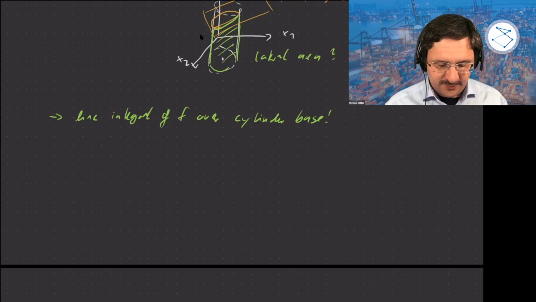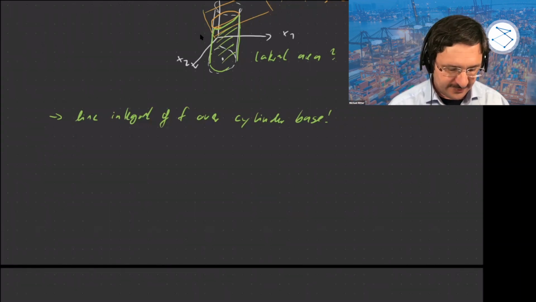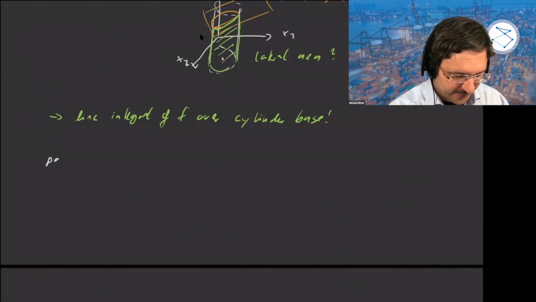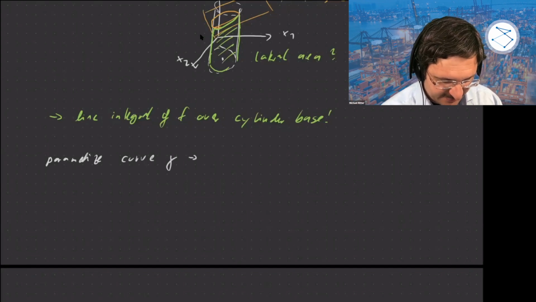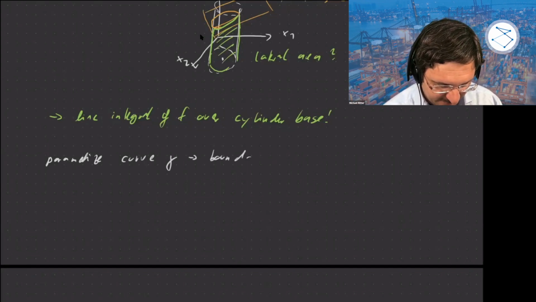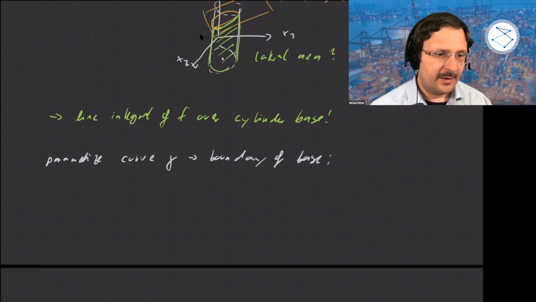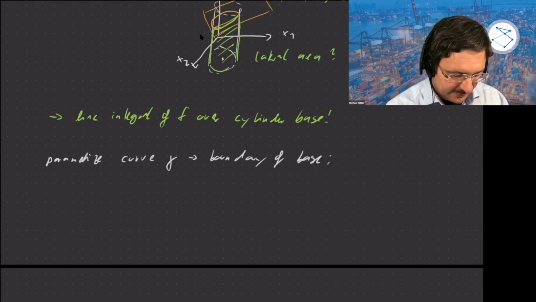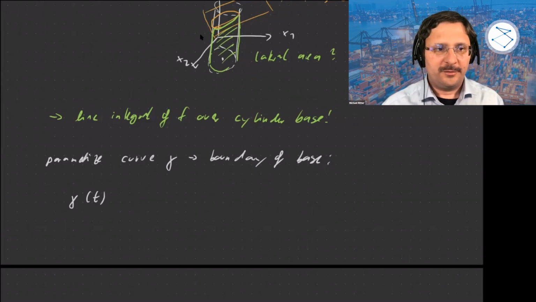Okay, so basically we need to compute that integral. And of course, to do so, we first need some description of the curve. So let's try to parameterize that curve. Gamma, and that is the boundary of the base. Now, basically, as I said, this is a circle of radius 2. It's given in the problem description.